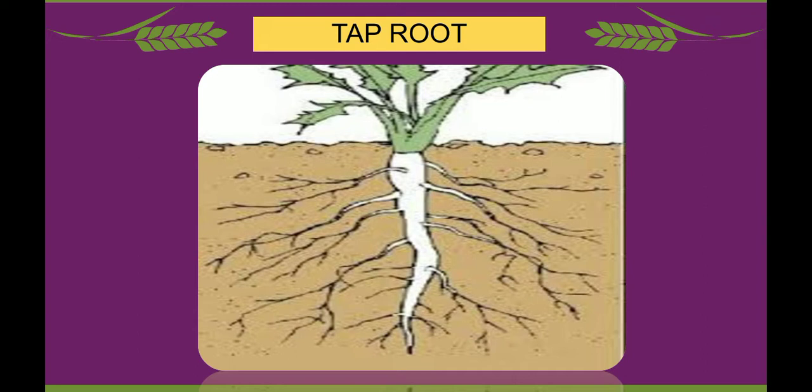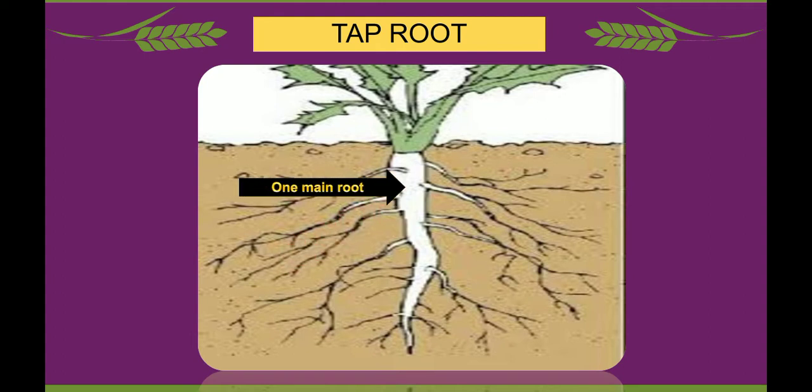These tiny roots we call root hair. You can see in the picture, tap root is the main center root. To this, tiny roots are attached.